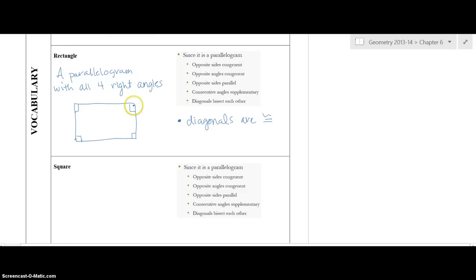So if we draw in our diagonals, they're going to be congruent to each other, and they also bisect each other. So what actually happens is that all four of these pieces end up being congruent to each other. Once more, all of the properties of the parallelogram apply to the rectangle as well.